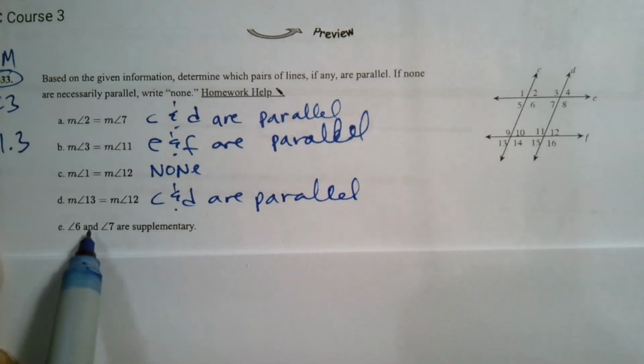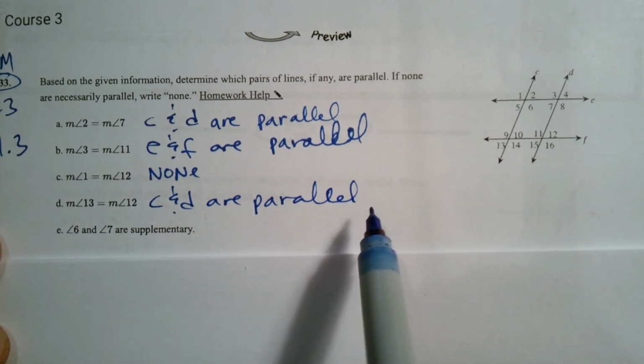Then the last one, E, says 6 and 7 are supplementary.